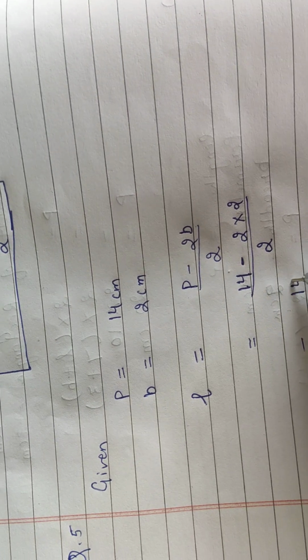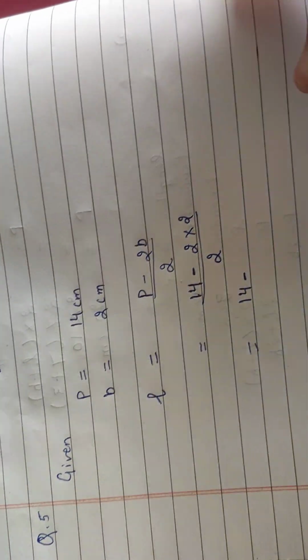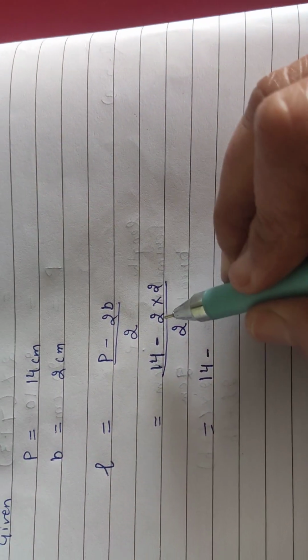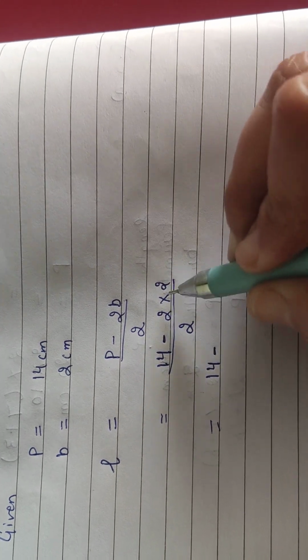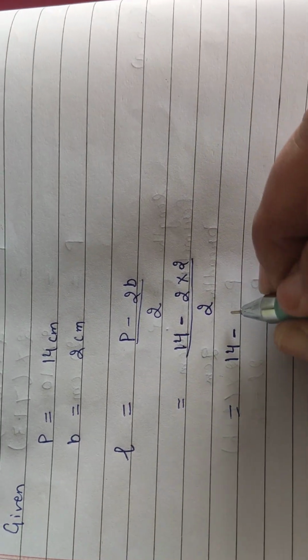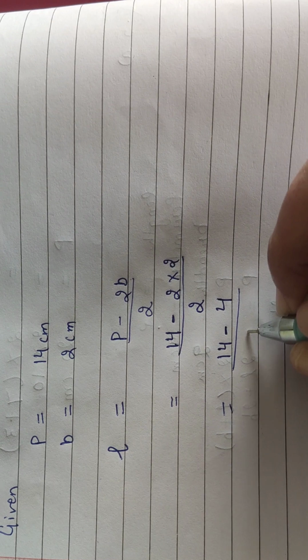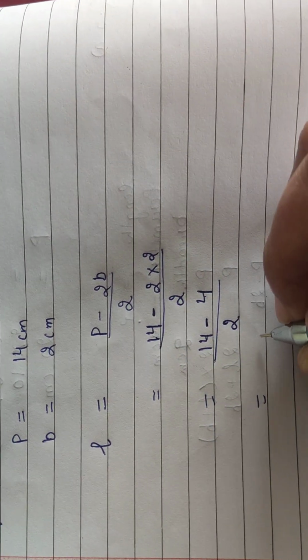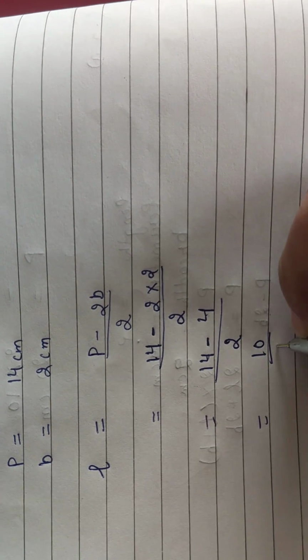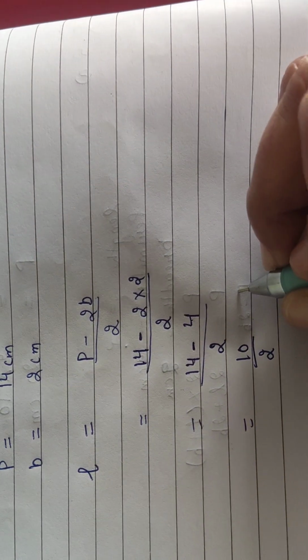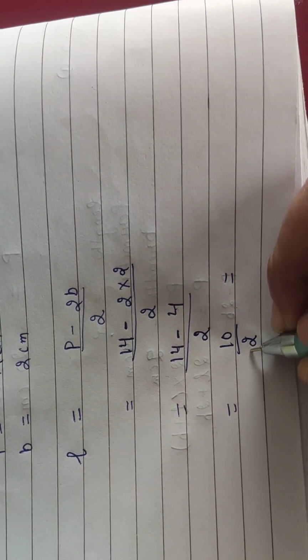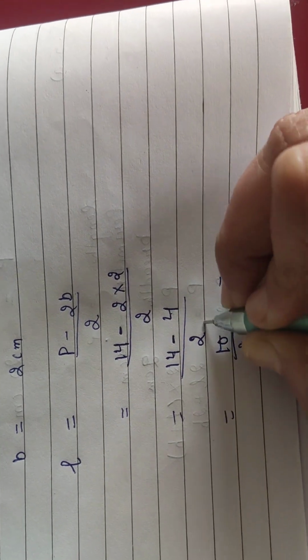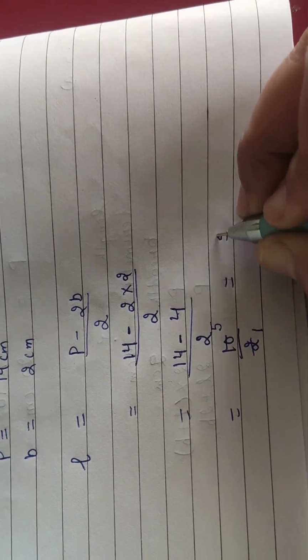So 14 minus. Here again we are using the BODMAS. First we will solve multiplication. 2 multiply 2, 4, divided by 2. So 14 minus 4, 10, divided by 2. 10 को 2 से डिवाइड करेंगे. 2 1 जा 2, 2 5 जा 10.